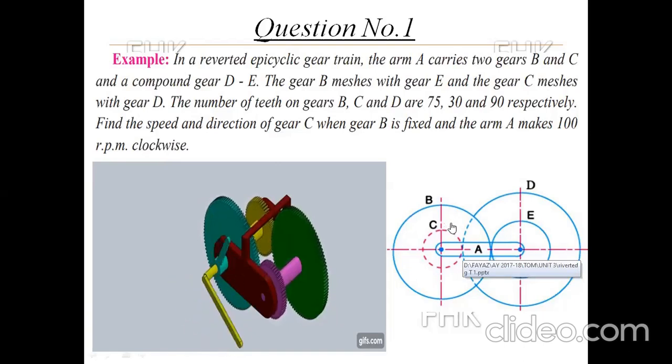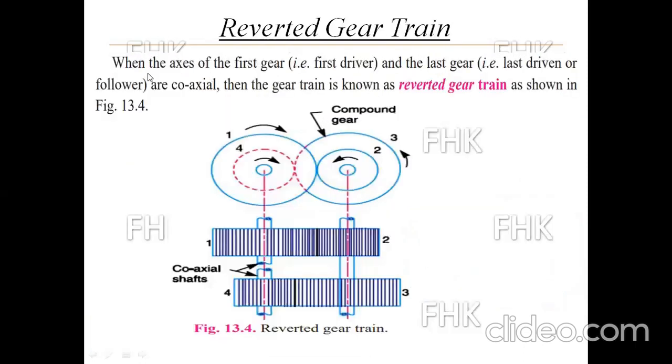As discussed in the previous session, the reverted epicyclic gear train is in front of you, in which the axis of the first gear and the axis of the last gear, that is the fourth gear, are coaxial. Gear 1 is meshed with gear 2, and 2 and 3 are mounted on the same axis, the same shaft. Gear 3 is meshed with gear 4.